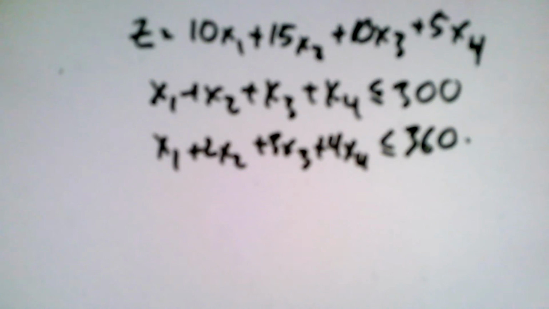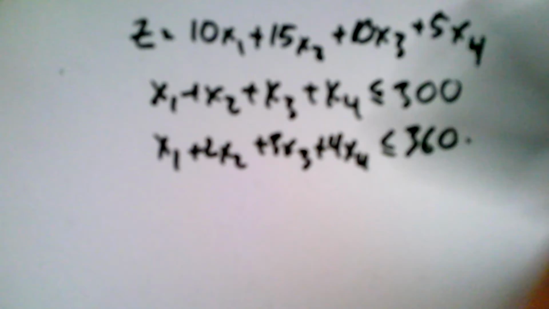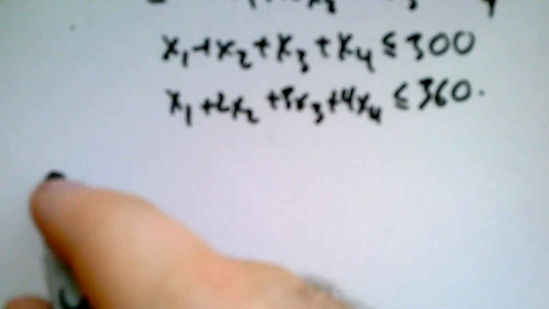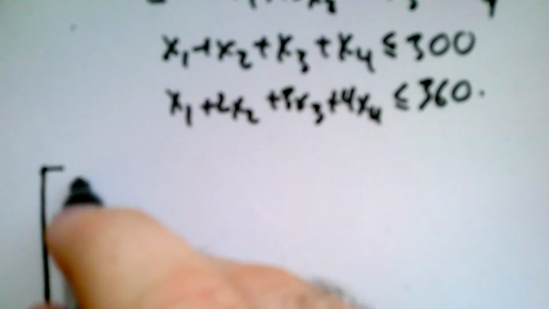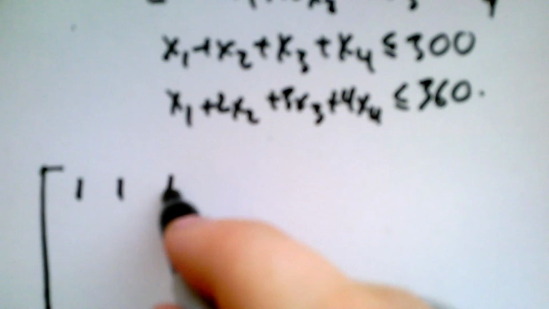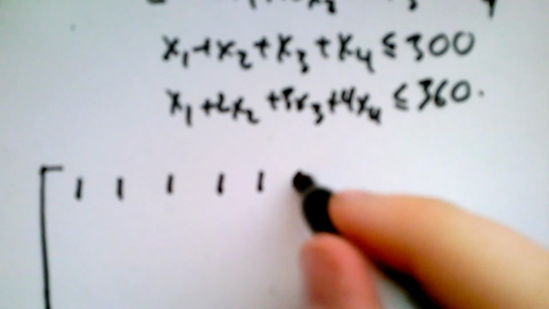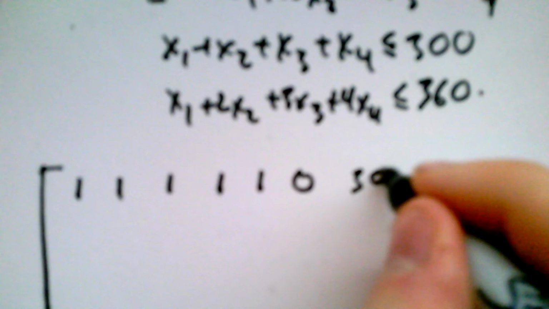Okay, so to solve this problem, we set up our tableau. Our first row is going to be 1, 1, 1, 1, 1 slack variable, nothing for the second slack variable. We need 2 slack variables because we have 2 constraint equations. And then 300.